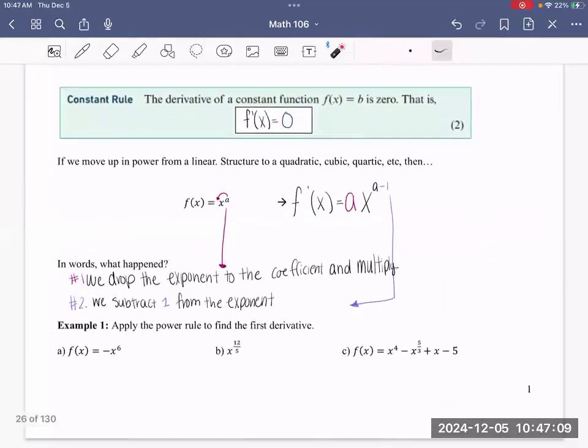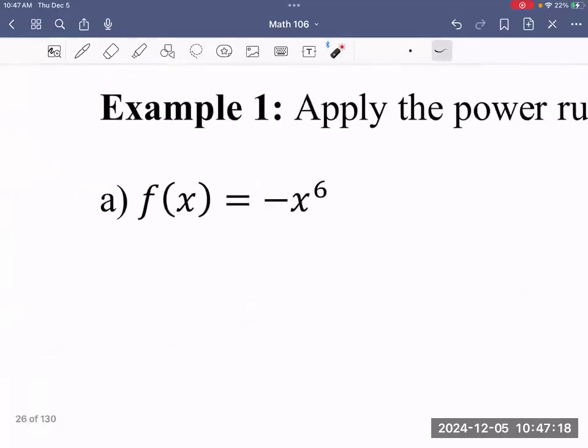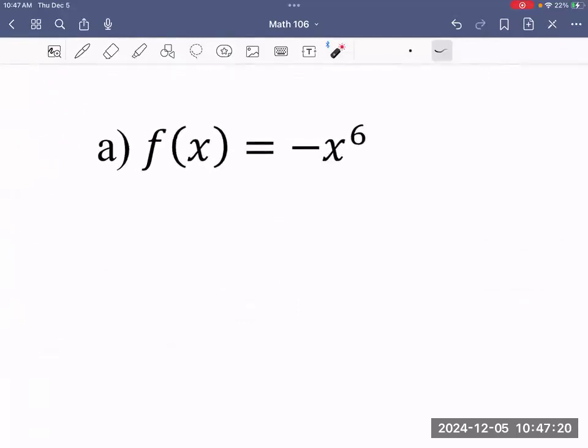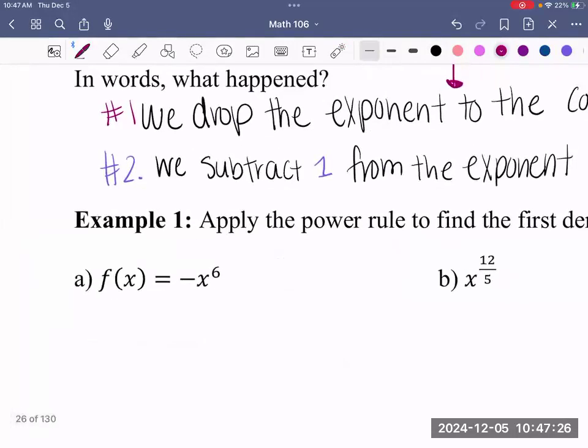So let's get the hang of it. Let's try A and B together, and then you can try B yourself if you pause the video. Let's take a look at A. We have negative x to the 6. First thing, what is it going to do? Step number 1, we drop the exponent and multiply. We now have negative 1 times 6 to the x.